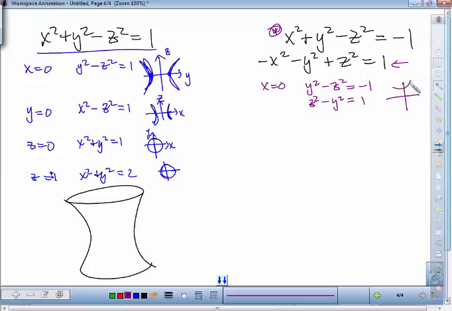And I think that would be a hyperbola opening up and down along the z-axis. So the same thing with x, on the xz plane.